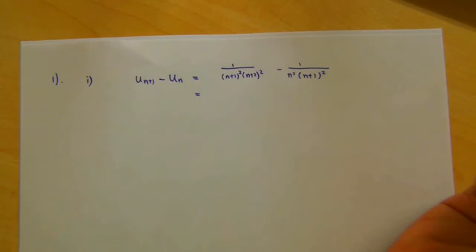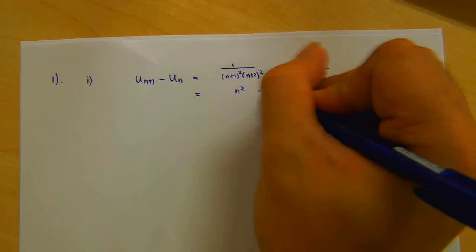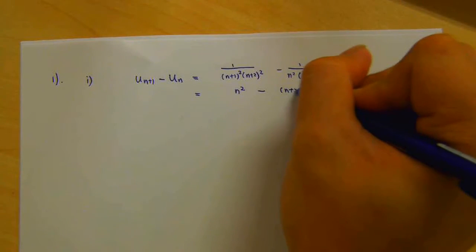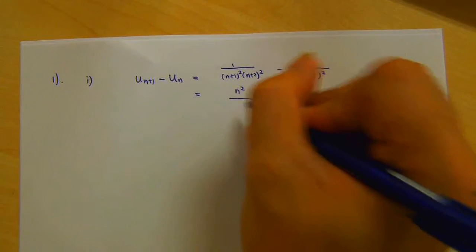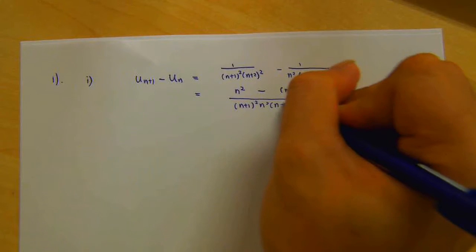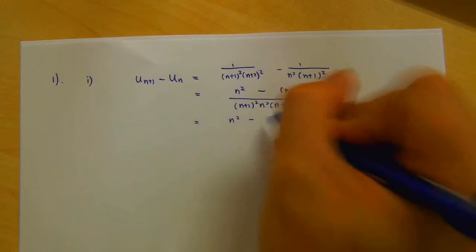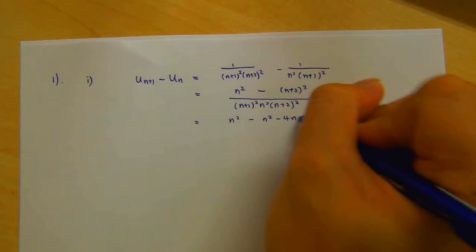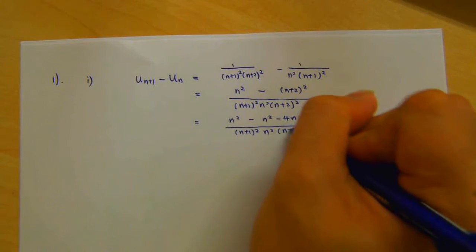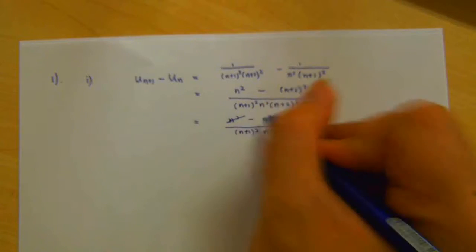So we are going to combine this by finding a common denominator. Next, we can simplify the numerator by expanding the quadratic, and we can clearly see that the n squared term can be cancelled off.